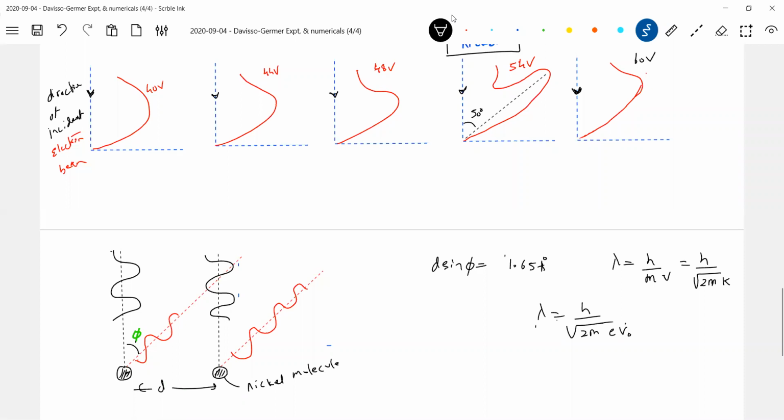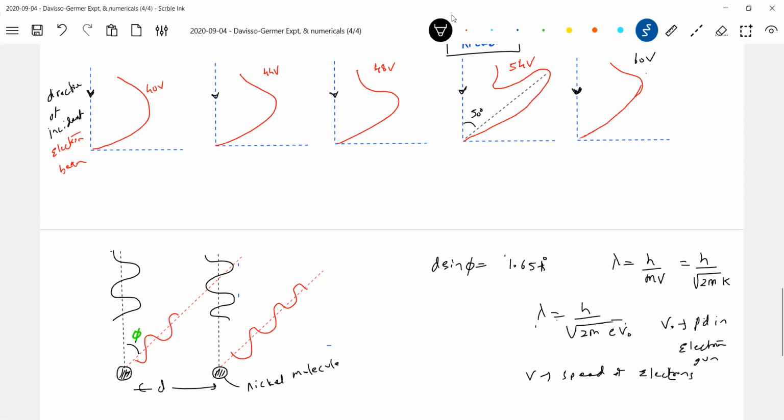Don't get confused. v is the speed of electron. V naught is the potential difference, the PD in the electron gun. And what is v? v is the speed of electrons. All the terms which I assume as symbols, I'm putting here.